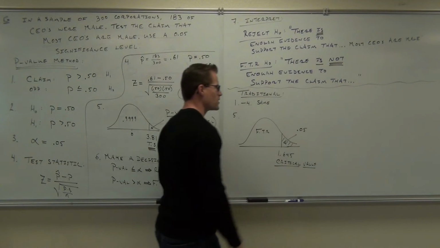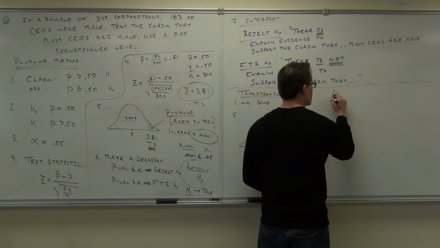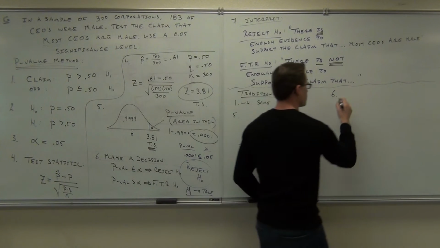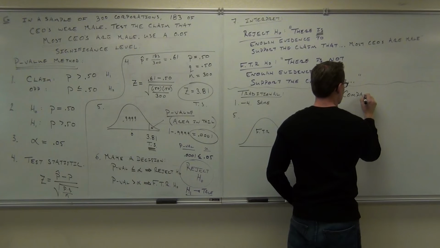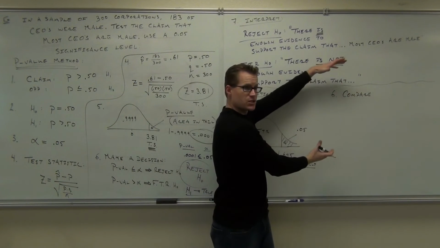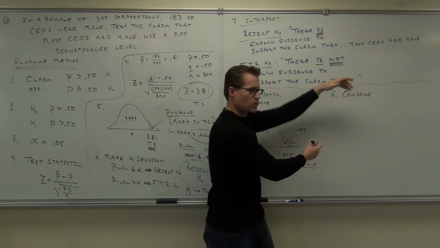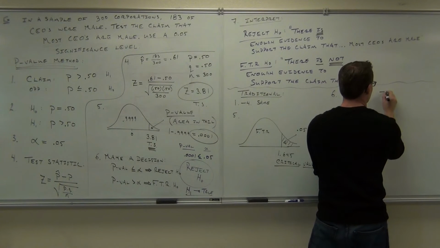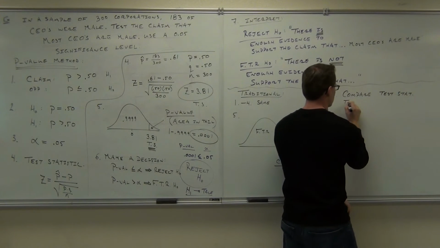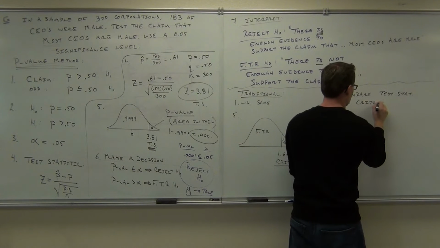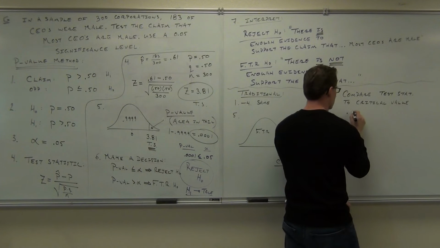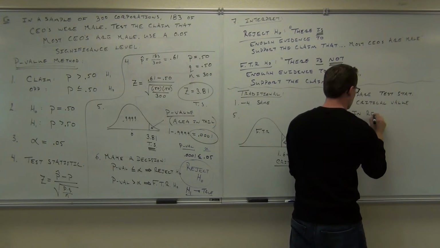So you're looking up a critical value here, and then what you do in step number 6 is you compare the test statistic to the critical value. So one method you're comparing the areas. The other method you're comparing the z-scores, or the test statistic, to the critical value. There's two options.